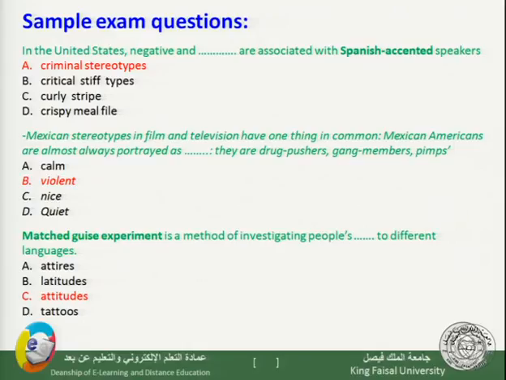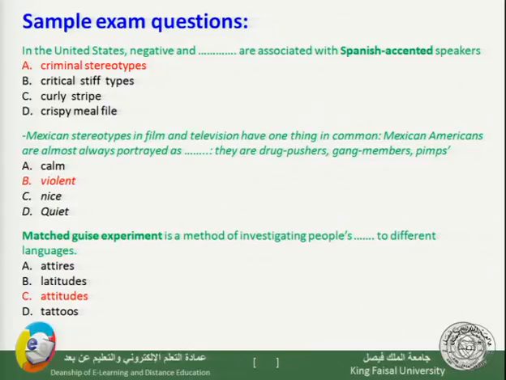Number 2, Mexican stereotypes in film and television have one thing in common. Mexican Americans are almost always portrayed as violent. So we know that people who speak with a Spanish accent or Mexican American accent are usually associated with violence.